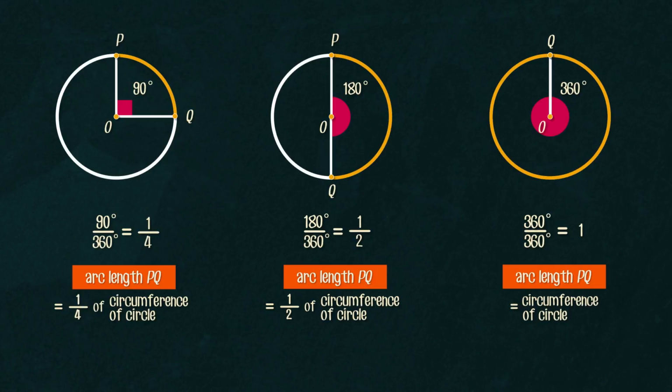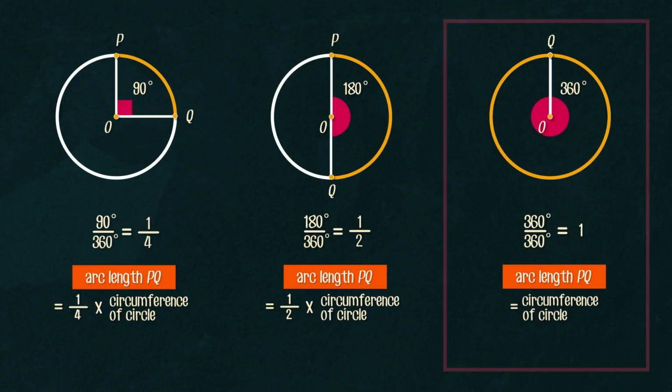We can conclude that the arc length PQ is always a fraction of the circumference of the circle. This fraction is the same as the ratio of the subtended angle to 360 degrees. We can thus multiply this fraction by the circumference of the circle to find the arc length.